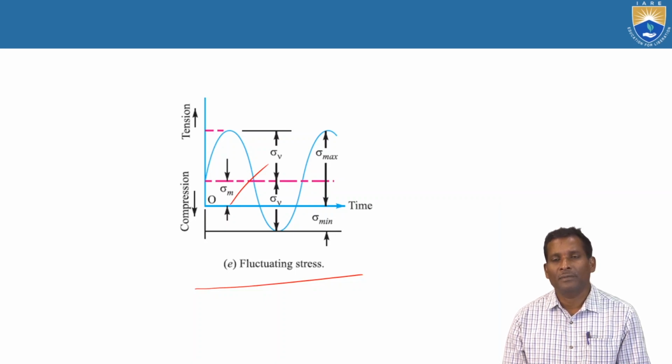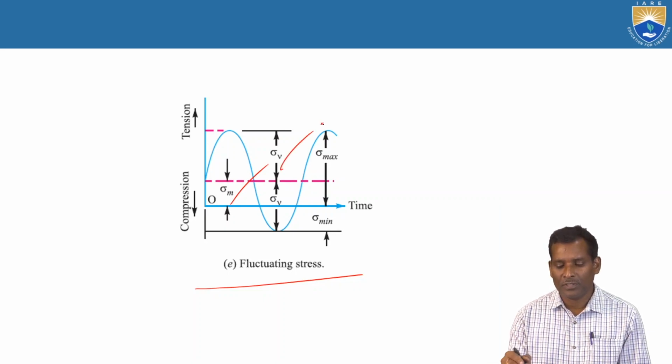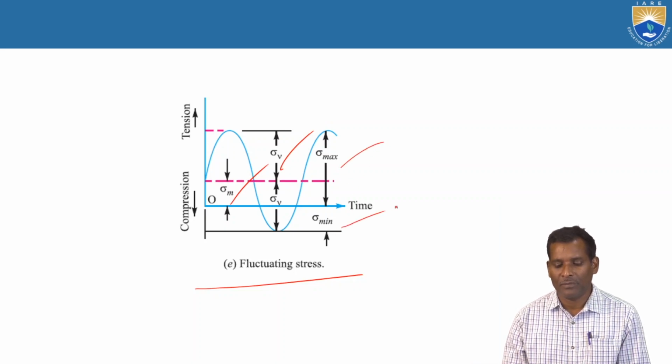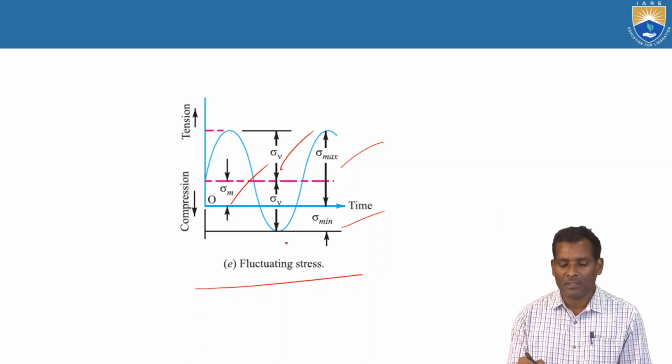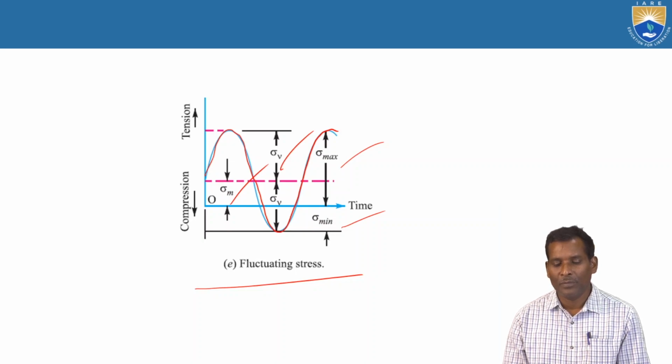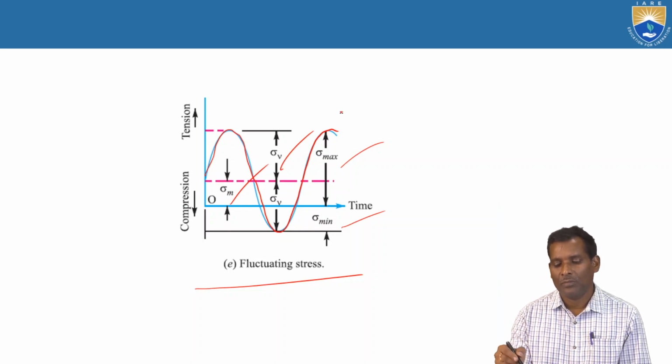You may calculate the mean stress, the variable stress, and sigma max and sigma min. For fluctuating stresses, you have to draw the diagram like this, shown in this slide: mean to maximum.